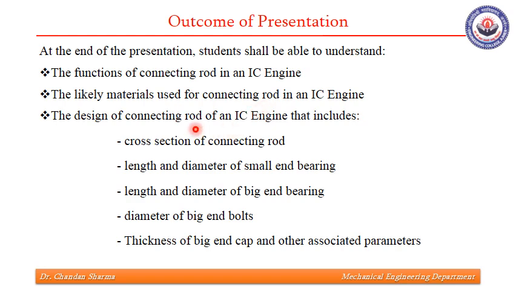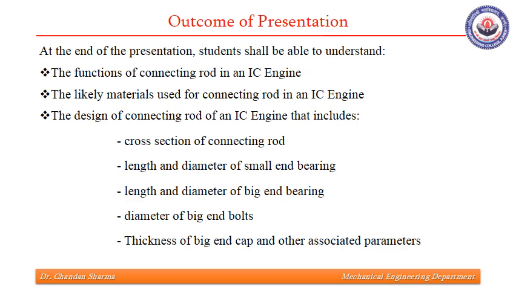Then students will be able to know the design portion, that is determining cross section of the connecting rod, determining length and diameter of small end bearing, length and diameter of big end bearing, diameter of big end bolts, thickness of big end cap, and other associated parameters.